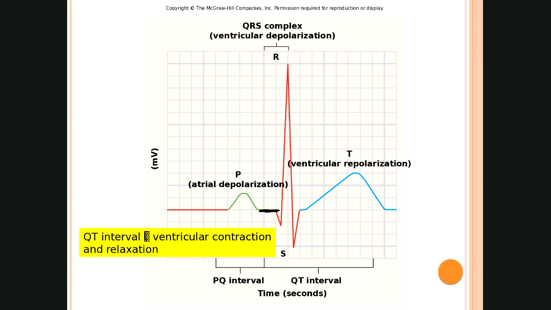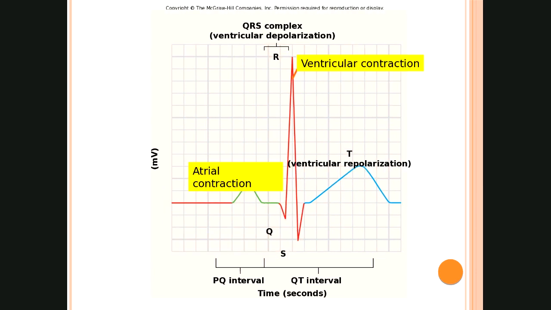So that would be the delay that we're seeing. If there is a blockage in the atria that would prevent the movement of the AP within the atria, then the delay would be between the last T curve and the next P curve. So that would be an atrial block.